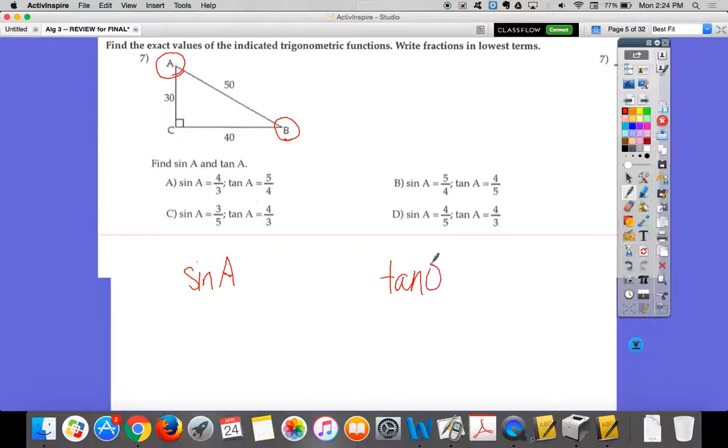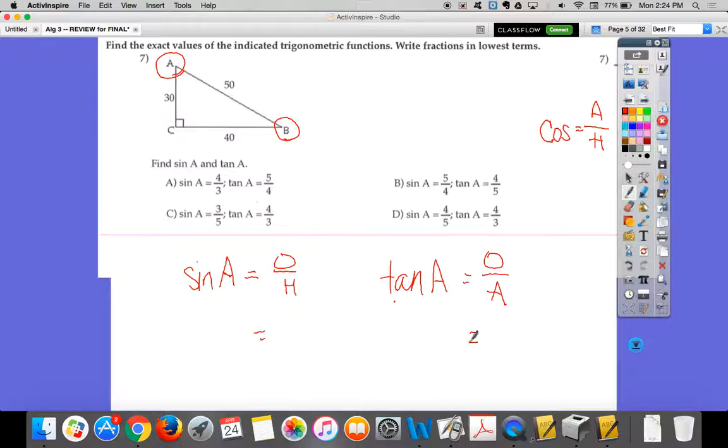Again, Some Old Hippie Caught Another Hippie Tripping On Acid will work just fine. So we have opposite over hypotenuse, and then we have opposite over adjacent is what we're looking for.